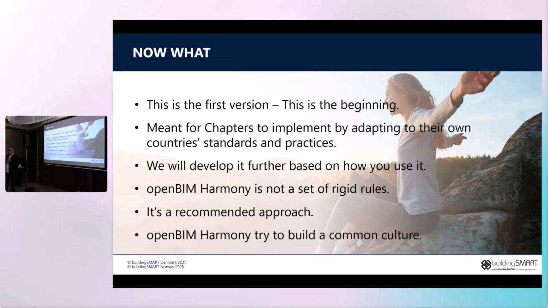It is meant to be used so you can create a best practice. And in doing that, we might even create something more important: a common culture around this, so we can support each other, and maybe even more important, support the industry.